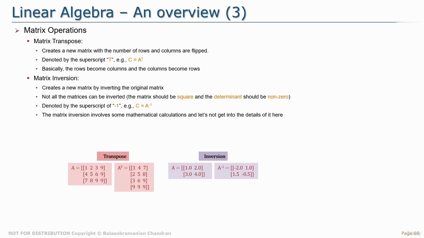The matrix inversion involves some mathematical calculations, and let's not get into the details of it here. This is an example of matrix inversion. Matrix trace. Matrix trace is the sum of the main diagonal elements of the matrix, like this. Here the sum of the main diagonal elements is 1 plus 5 plus 9, which is 15.